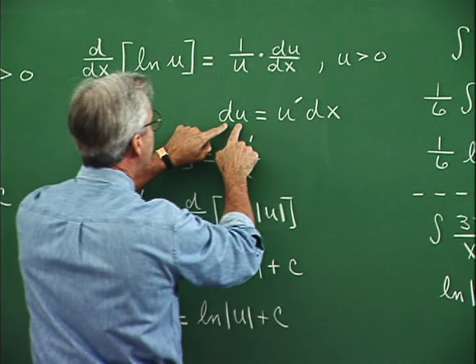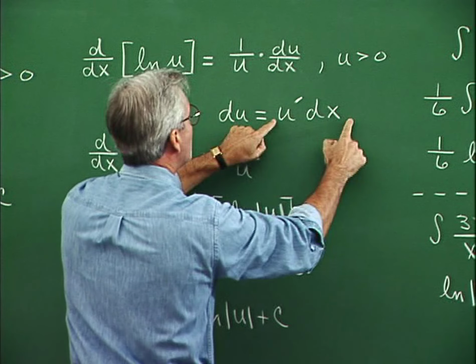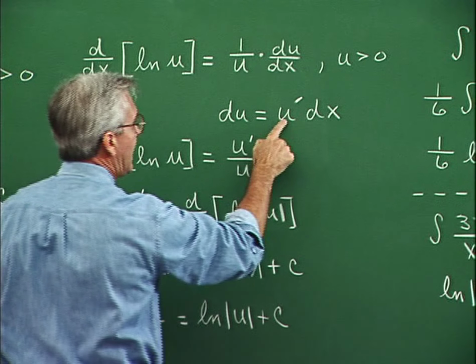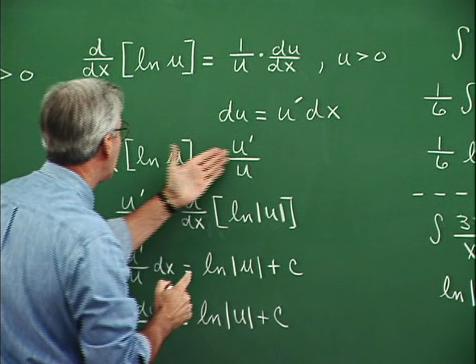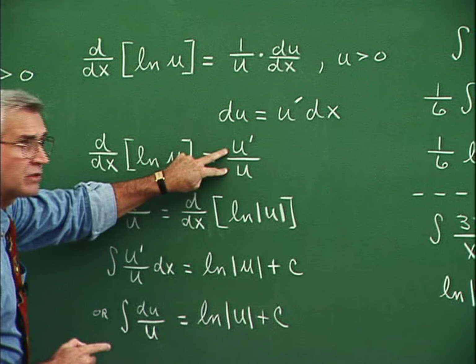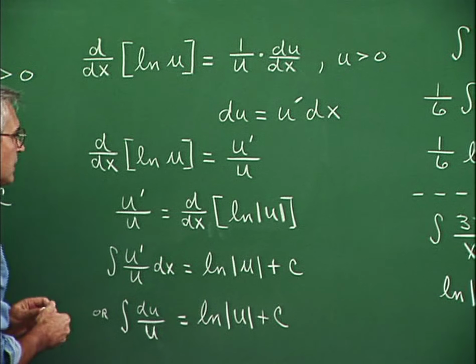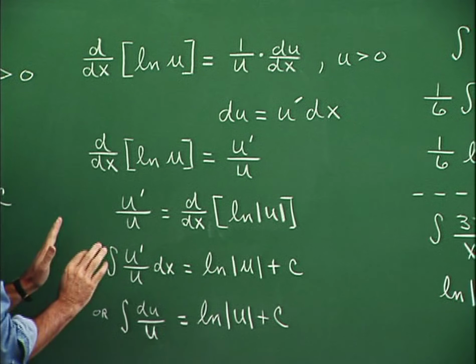If we understand that du is u prime dx, imagine replacing du with u prime dx. The dx notations go out and we have u prime over u. I like this notation because it's really easy to see and to manipulate. Let's swap these around and take the integral on both sides.